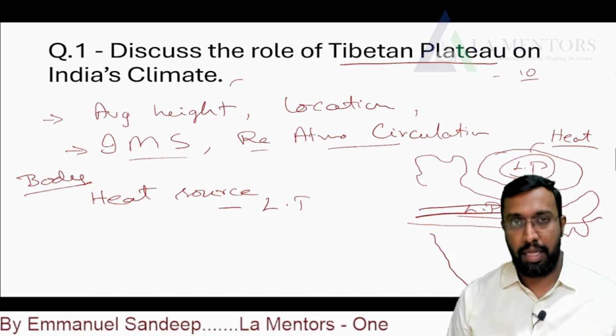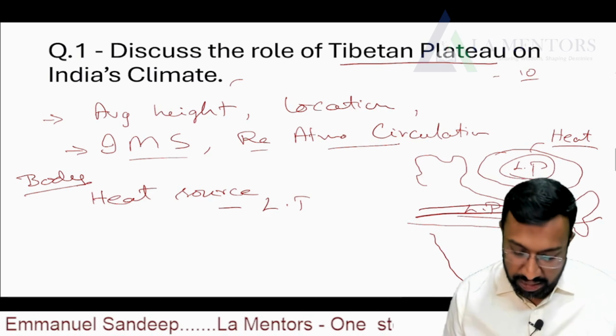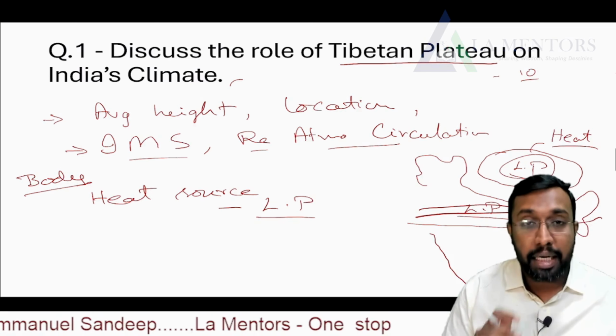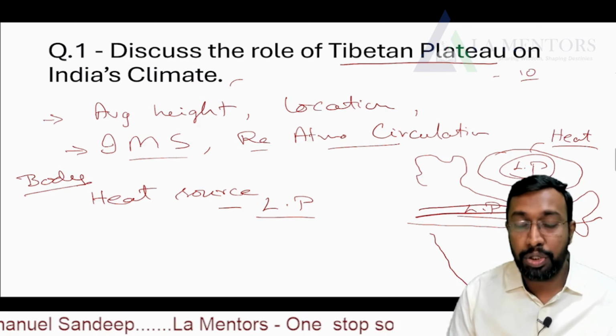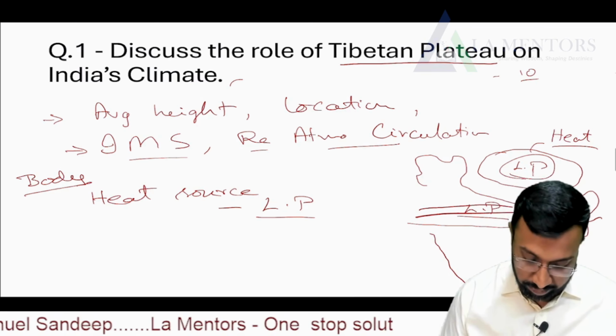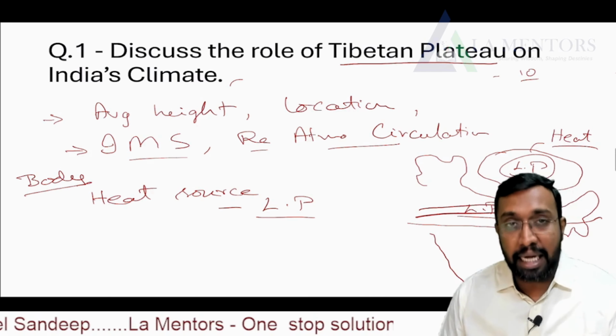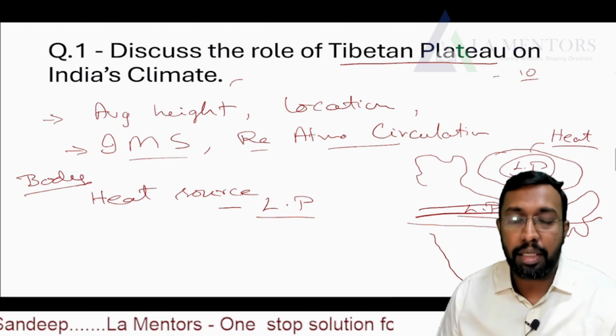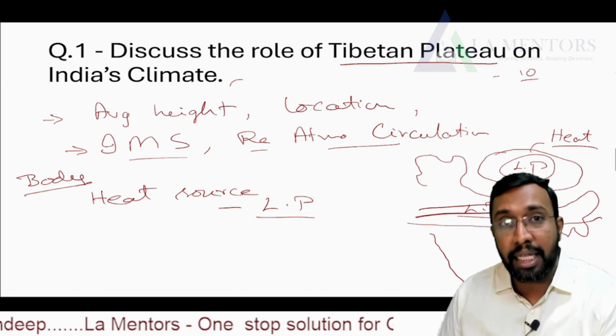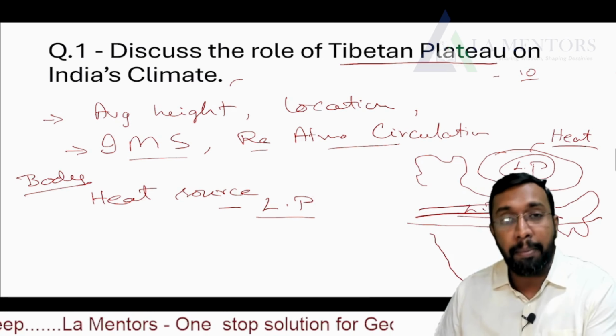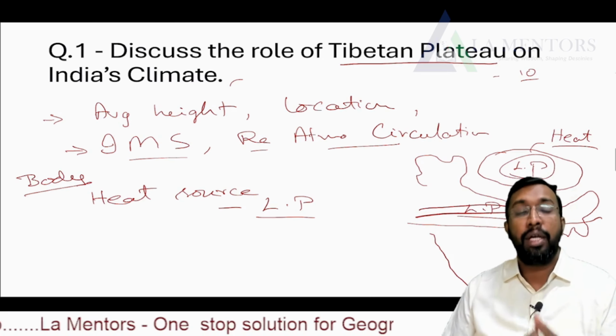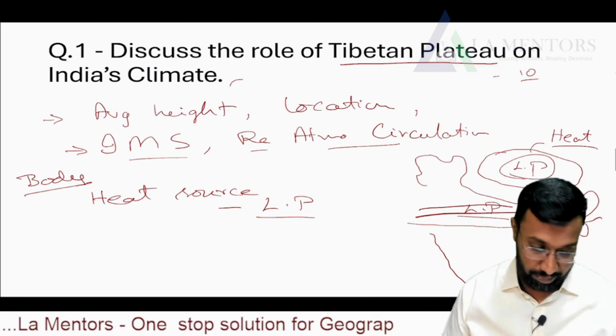A low pressure system has been built within this Tibetan highland region, mostly during summers, which is why it is acting as an agent to strengthen the low pressure belt and bring in a good amount of moisture laden winds to the higher latitudes.